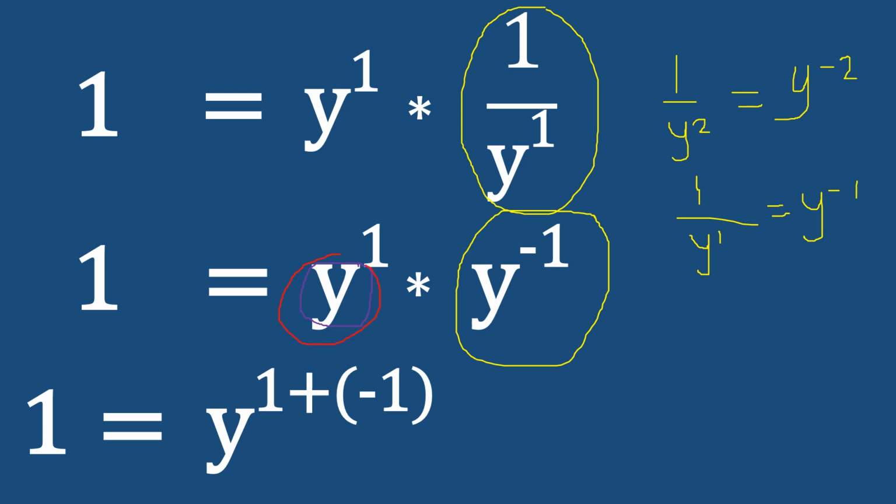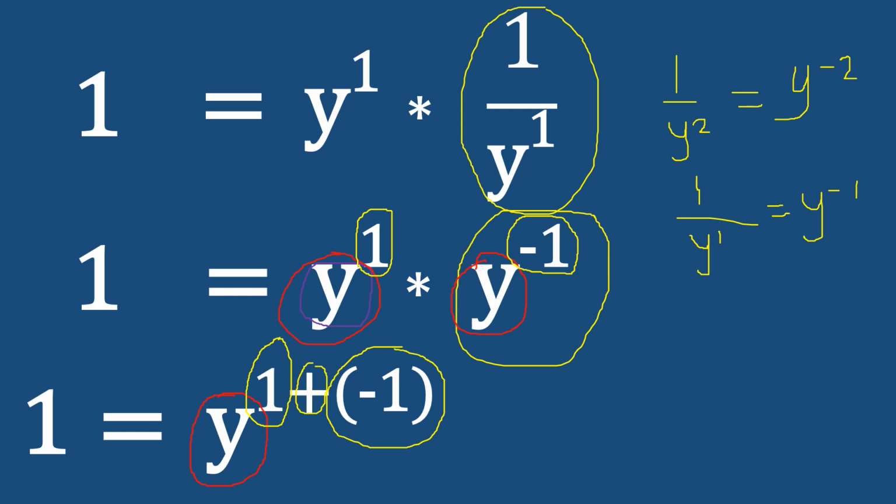You have y here, and another y here, and then you're multiplying them. What you simply do when you're multiplying common bases is to keep that base constant, and then take this index and add it to this index. So that's why we are adding 1 plus the minus 1.